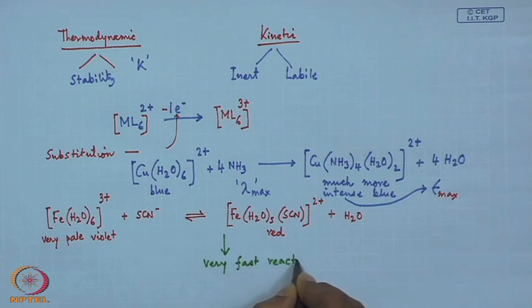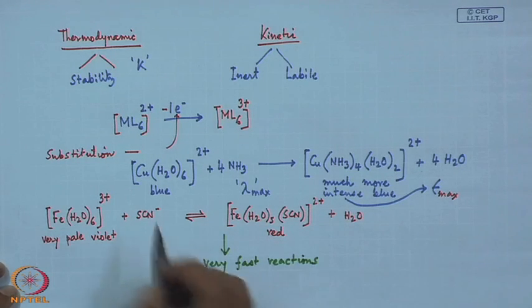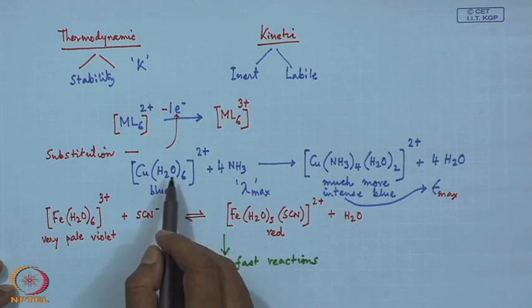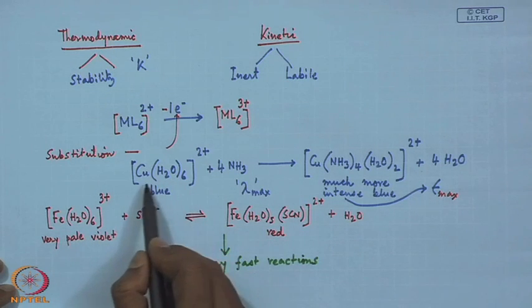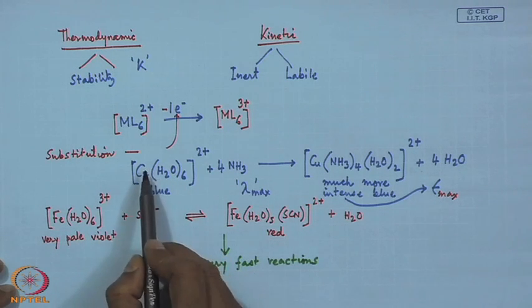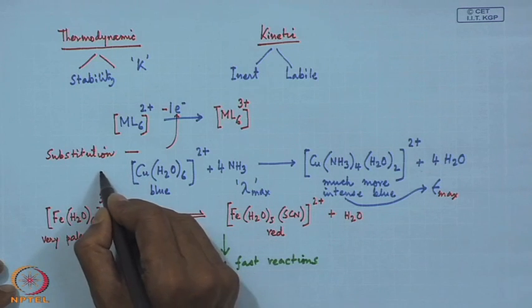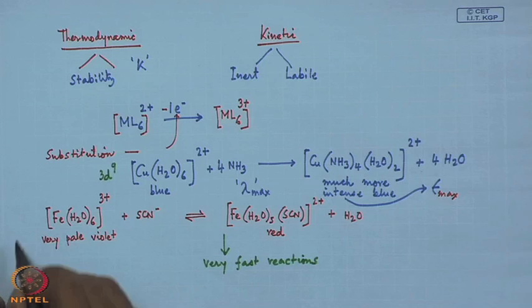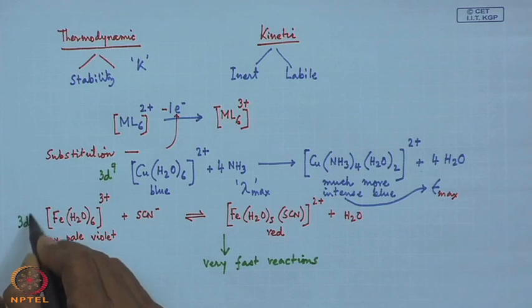These are very fast reactions. So, this particular copper compound and this iron compound, both of them are aqua compounds, having particular electronic configurations, which is d9 and this is d5.